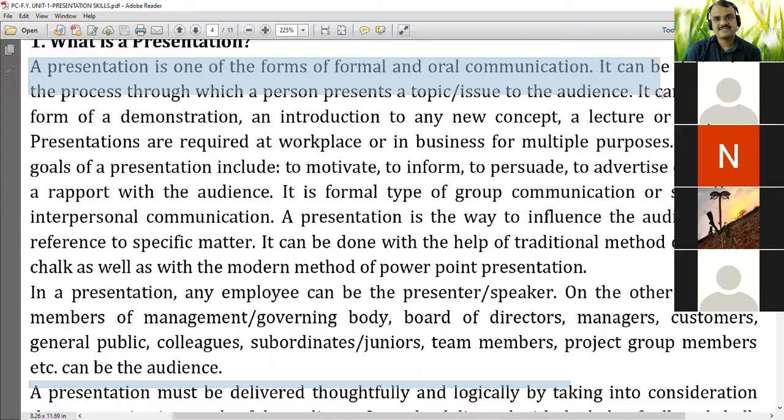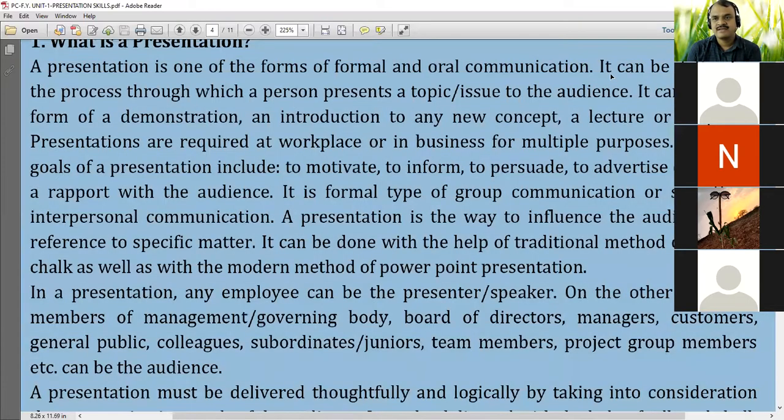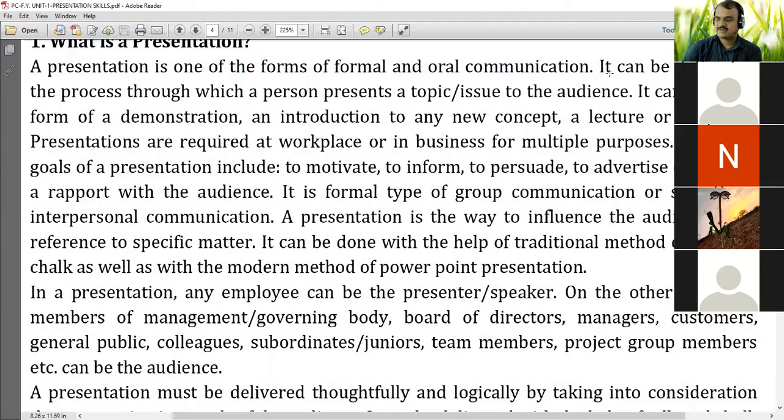See, a presentation is one of the forms of formal and oral communication. We have learned what is formal, what is informal, what is official, what is unofficial. Okay, it can be defined as the process through which a person presents a topic or issue to the audience. It can be in the form of a demonstration.